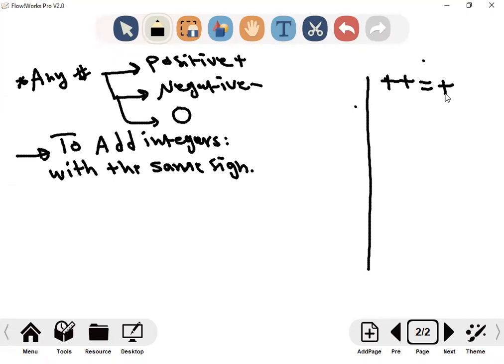Got it? If we have two negatives like this, we replace them with positive also. Got it? So, if we have two positives or two negatives, we replace them with what? With positive. Got it?